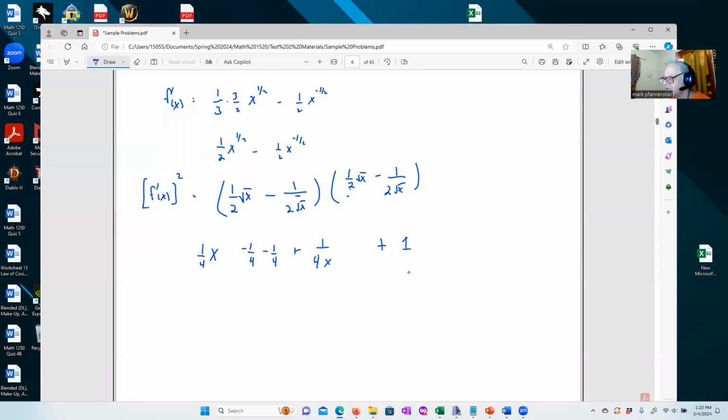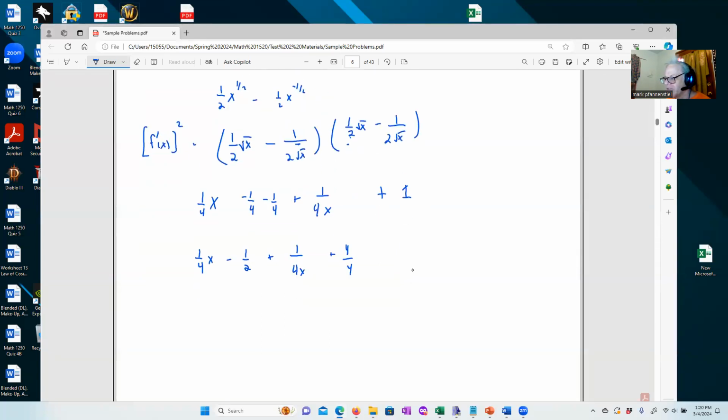Okay, so just to clean this up a little bit, we have 1/4 x minus 1/2, or 2/4, plus 1/4x. I'm going to go ahead and say plus 4/4. So that's going to be 1/4 x plus 2/4 plus 1/4x.